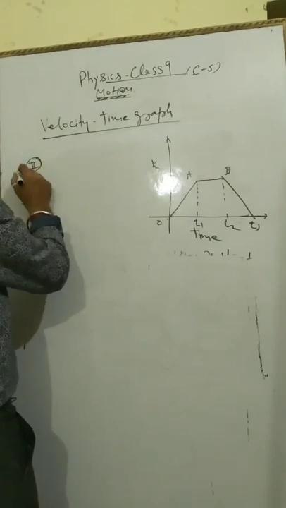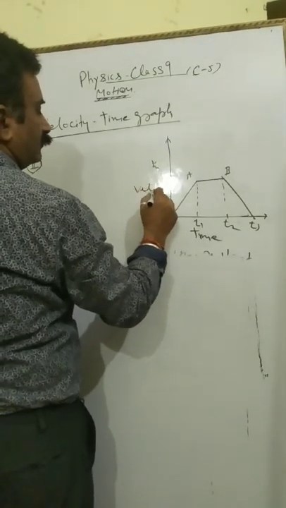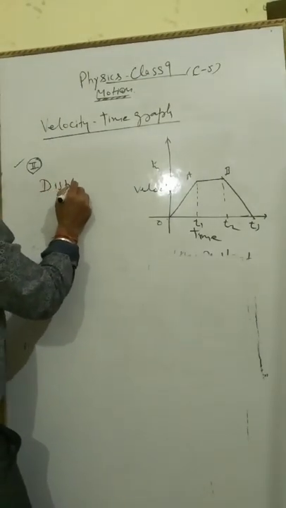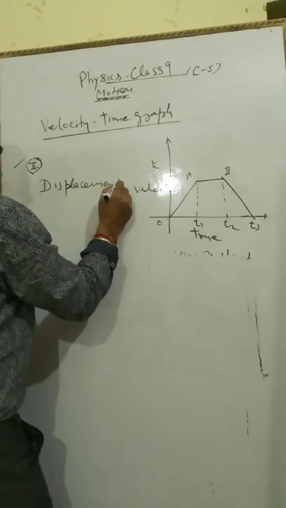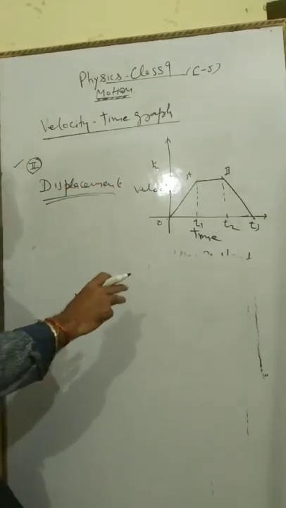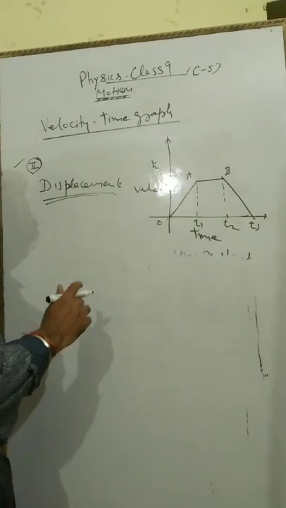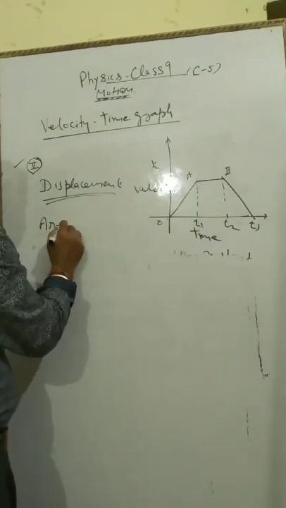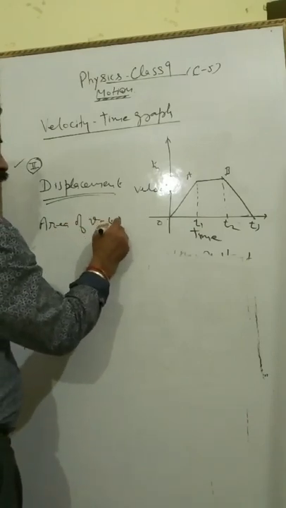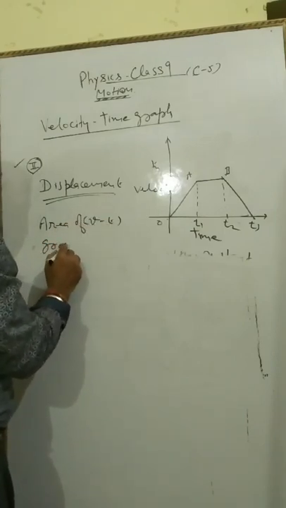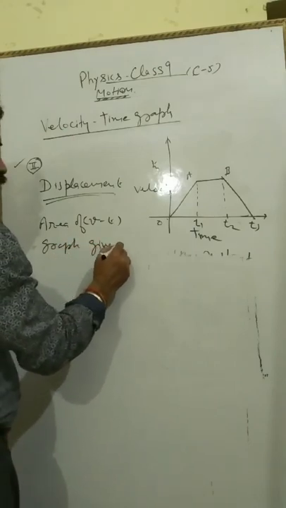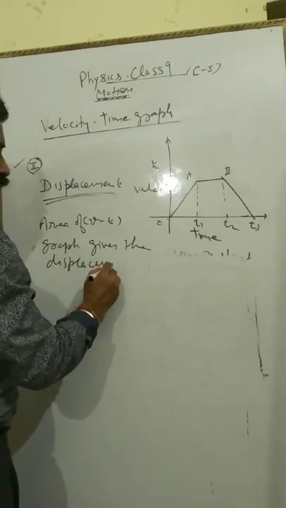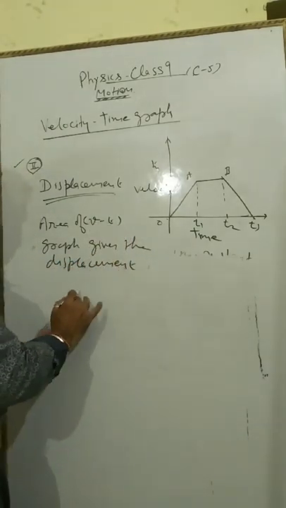Now come to the second point. We can also calculate the displacement. Displacement we can find from here. How? The area of the VT graph gives the displacement.